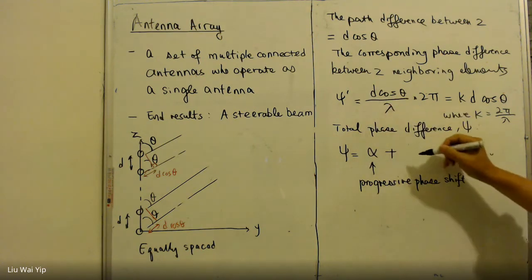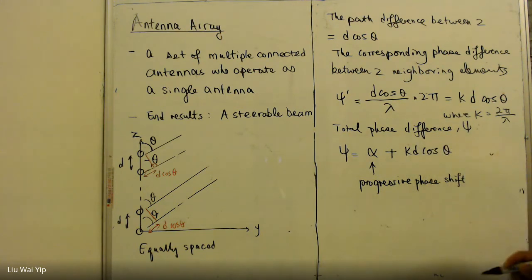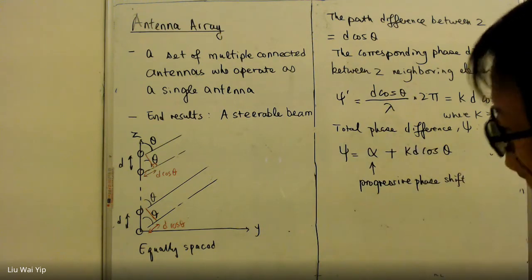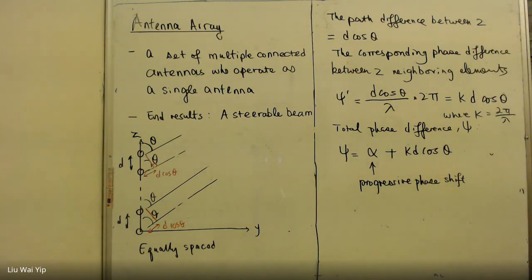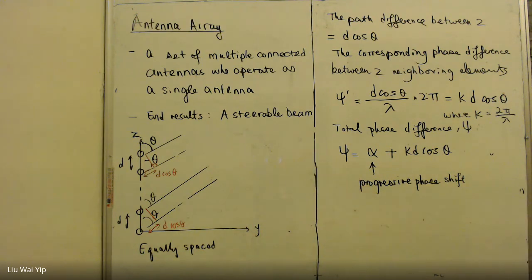What is this value? k d cos beta. And this is the standard way of dealing with the ordinary antenna array. And with this phase difference, you can work out the direction of the beam and where the maximum is.